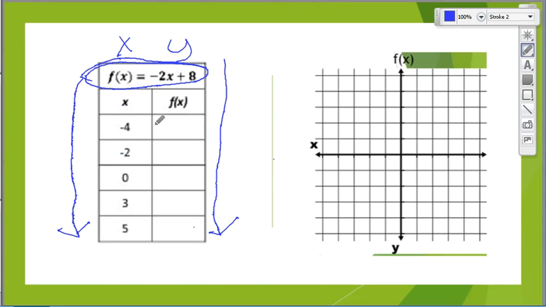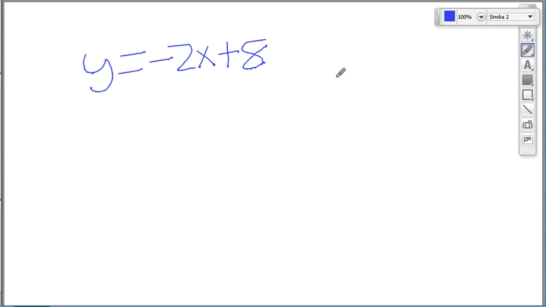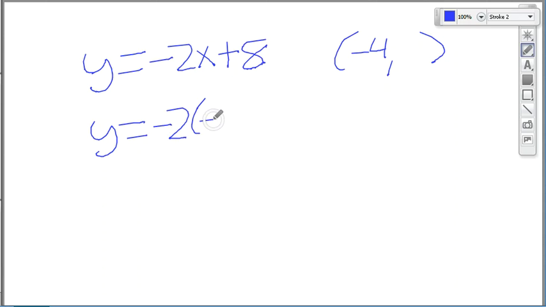So let's say we have this equation, y equals negative 2x plus 8. And to fill in this table, we want to know what the y is when the x is negative 4. So we just take this equation and figure out what the y is when the x is negative 4. We write it just like it is, but instead of the x, we're going to plug in negative 4, and then we're going to simplify.